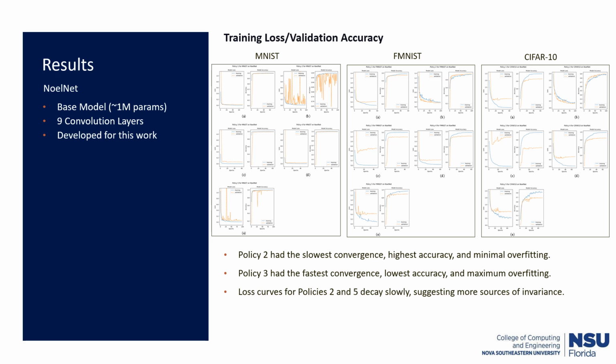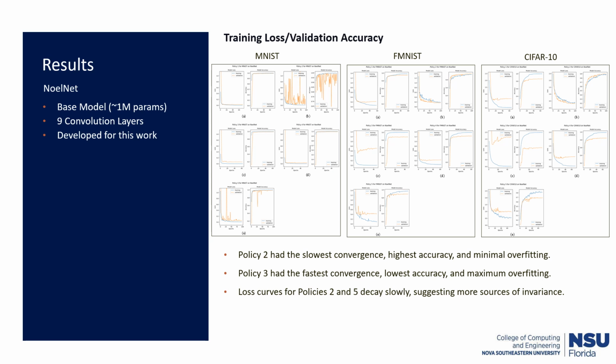Now, in terms of the training loss and validation accuracy, B here represents policy 2. We see that policy 2 had the slowest convergence, the highest accuracy, and minimal overfitting. Overfitting here is gauged by the distance between the training curve and the validation curve.